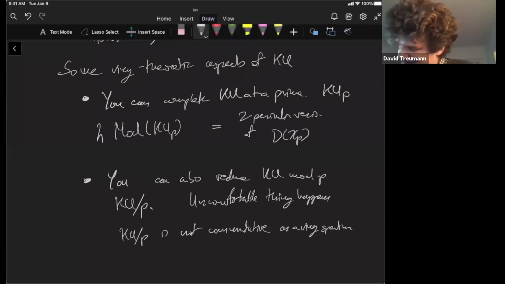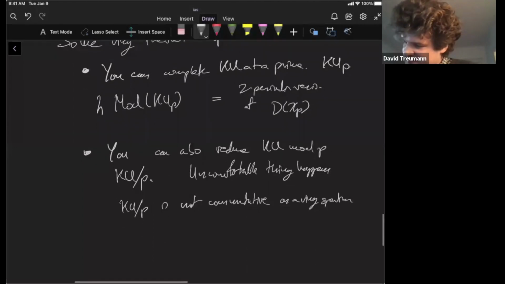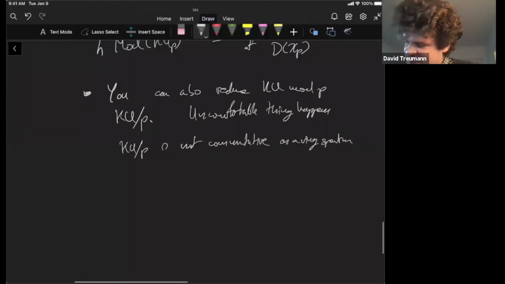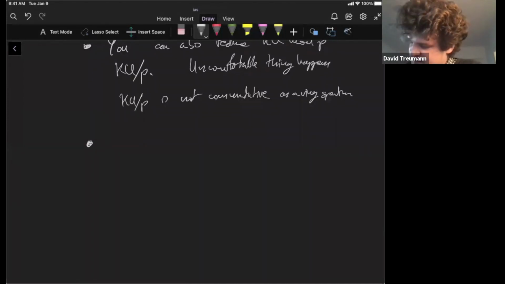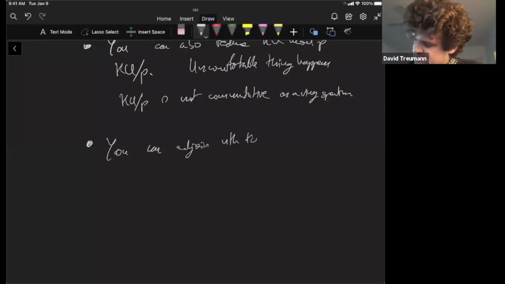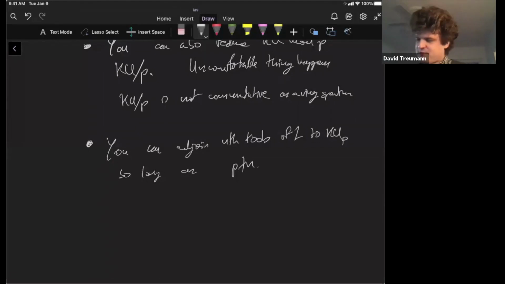I don't know actually how important that is, but it means I won't talk about KU mod P. And then also you can adjoin nth roots of 1 to KUP, so long as n is prime to P. But you can't adjoin pth roots of 1 to KUP, or 4th roots of 1 to KU2.